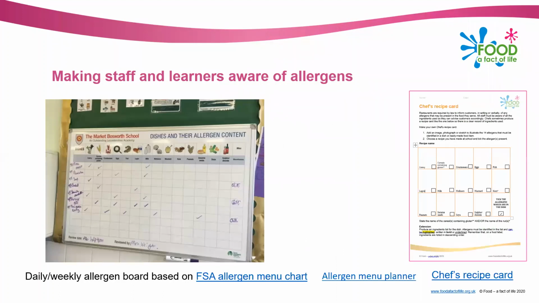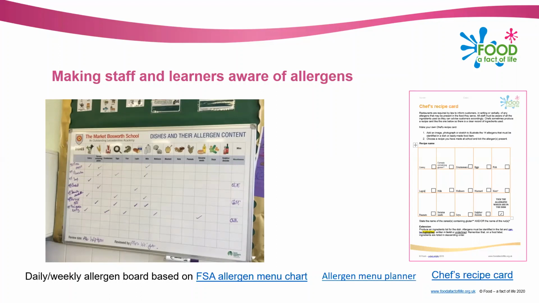So I mentioned earlier about making staff and learners aware of allergens, and the image that you can see there is something which I thought was absolutely fantastic when we went for a practical workshop at the Market Bosworth School a couple of years ago. The technician there had taken the FSA allergen menu chart, and the link is on the slide, and they'd copied it onto a whiteboard.